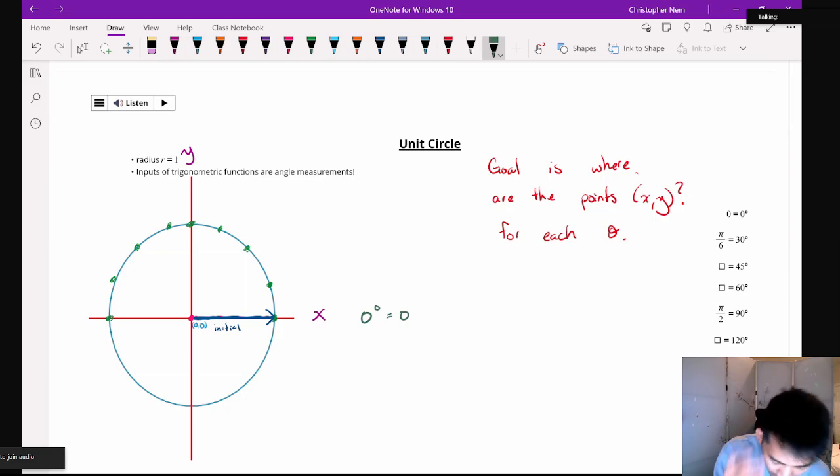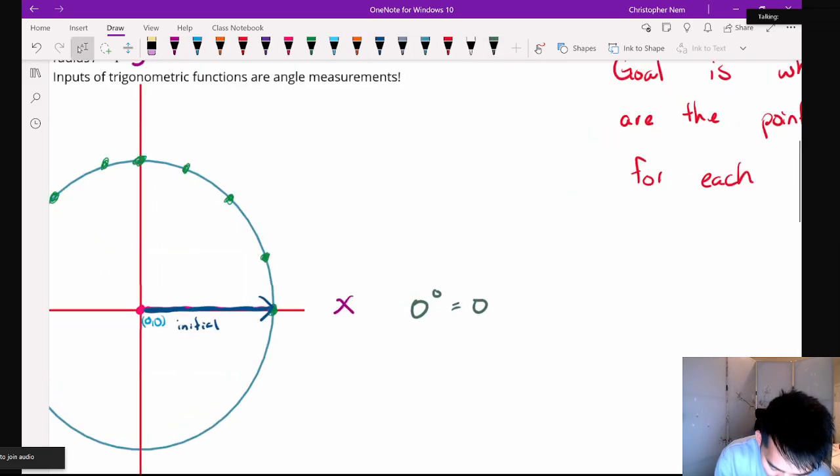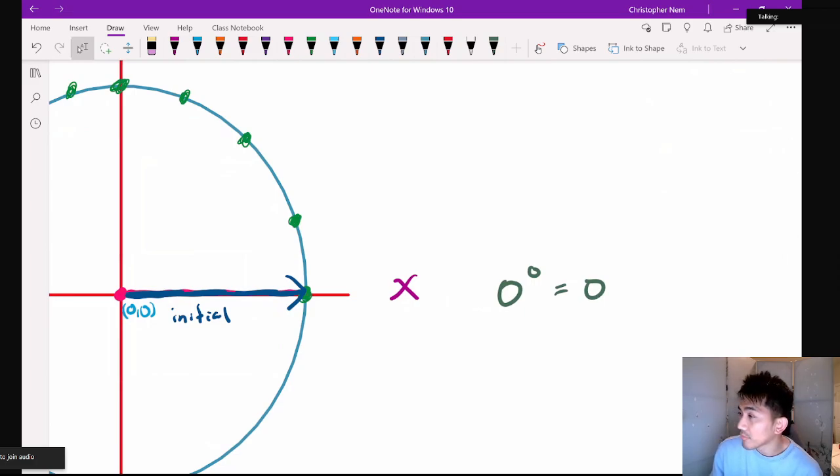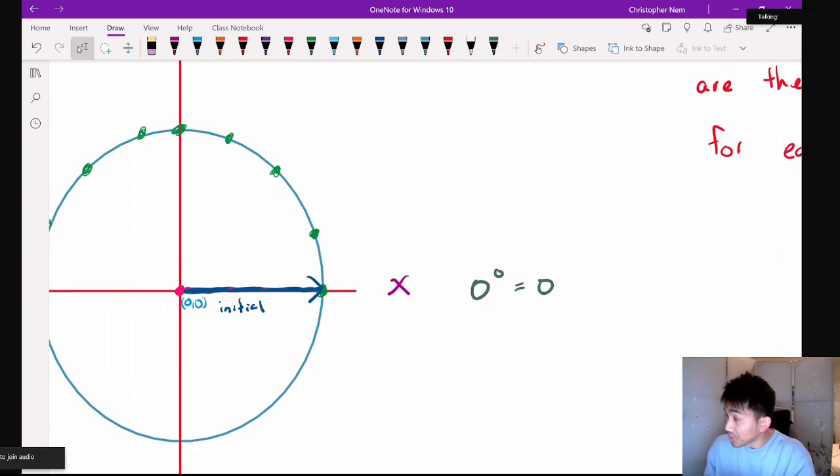Now, what is the location of this green dot? If the center of the circle is located at 0, 0, that means I did not rise at all. I only run. And I run all the way to the right, so it's a positive value. So I need to know the distance from the center to the edge of the circle. Well, it's a unit circle, so that distance is 1.